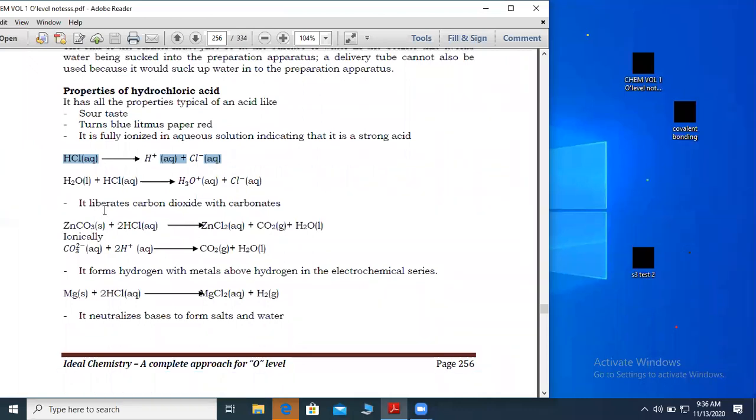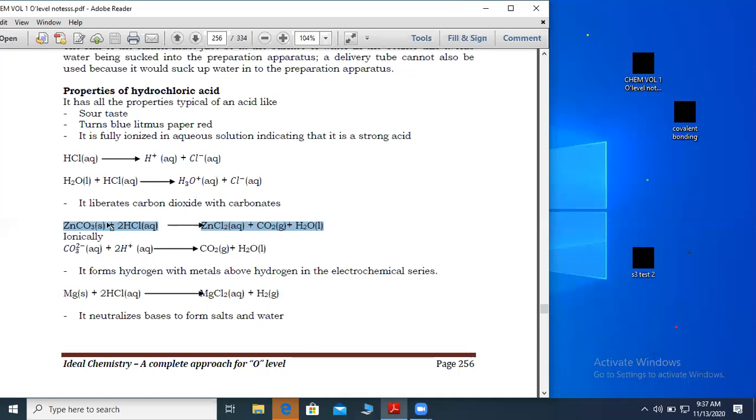Another property of hydrochloric acid, these are chemical properties. It liberates carbon dioxide with carbonates. So when you have any carbonate, like zinc carbonate, and you add hydrochloric acid, you form zinc chloride plus carbon dioxide plus water.